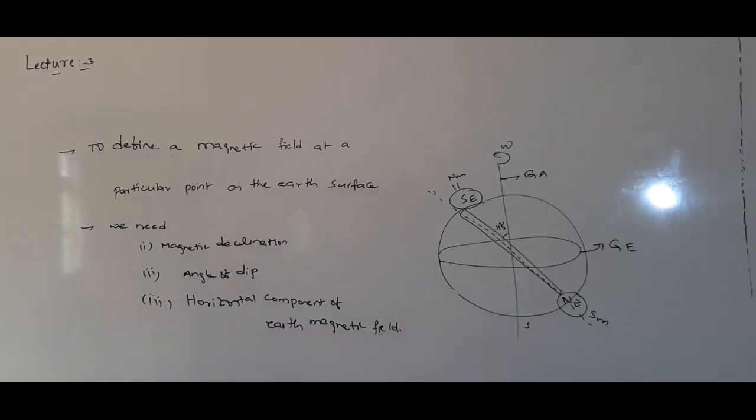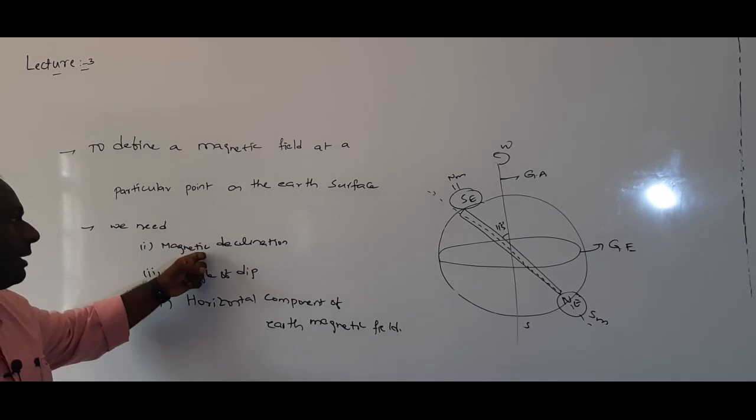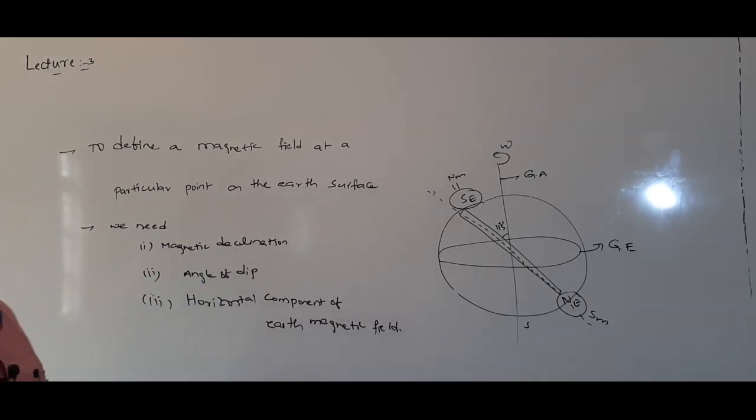These are the 3 things we have to understand. Once again I am repeating: to define the magnetic field at a particular point on the earth's surface, we need these 3 parameters.